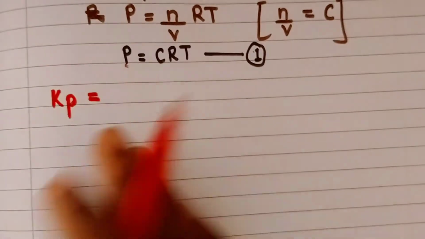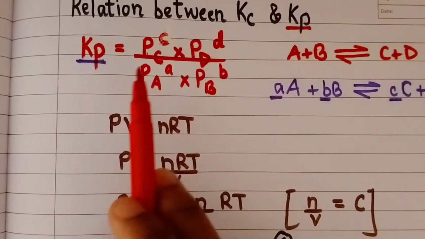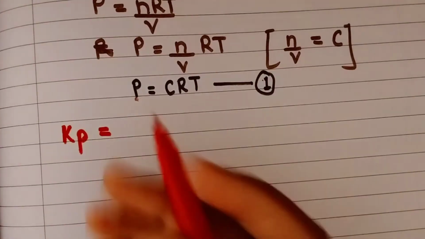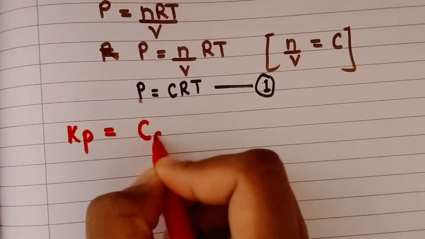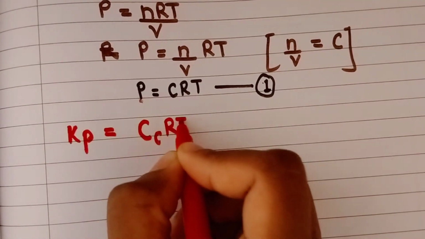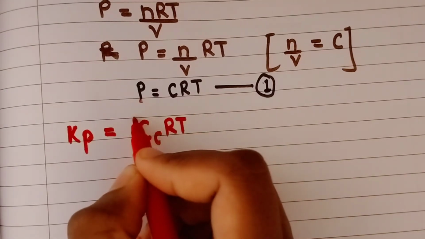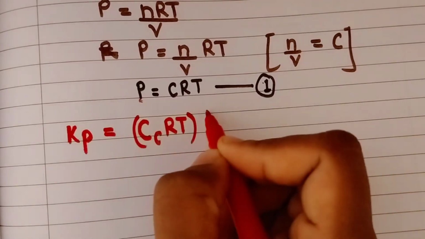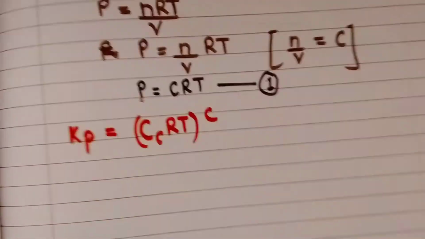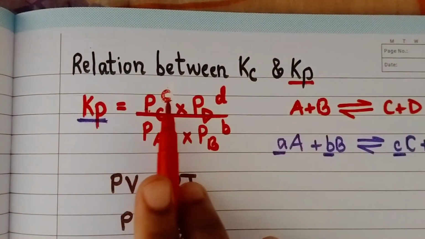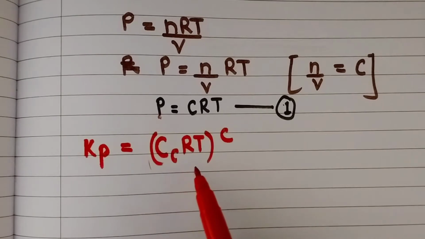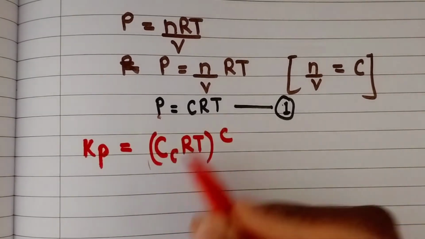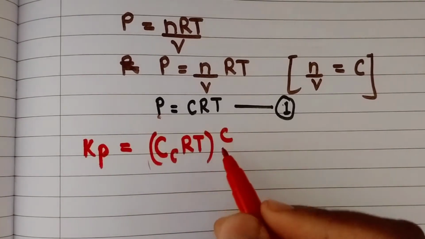So pressure of C I'll be writing as concentration of C into RT raised to its coefficient c, because the pressure was raised to this coefficient as a whole. We should raise it to this power.